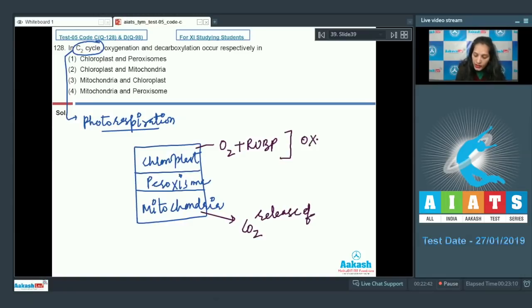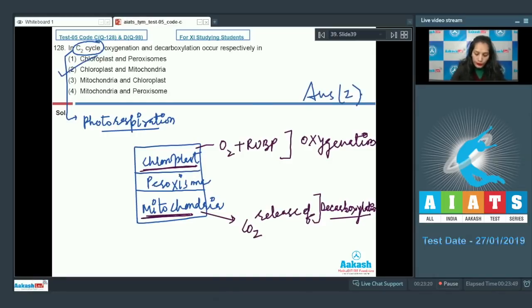So this is oxygenation and this is decarboxylation. So oxygenation takes place in the chloroplast and the decarboxylation in the mitochondria. So the correct option for the given question is option number 2. Let's move on to the next question.